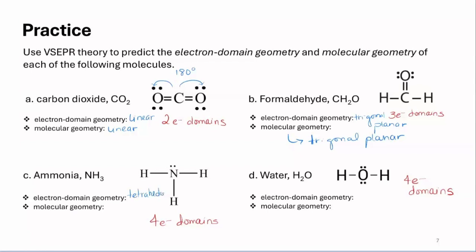The molecular geometry is going to depend on the bonded atoms and whether there are lone pairs on the central atom. In this case, because ammonia has one lone pair and three bonded atoms, the molecular geometry is going to be trigonal pyramidal.